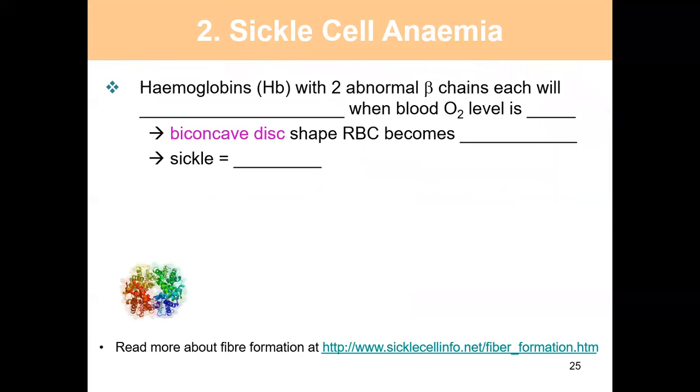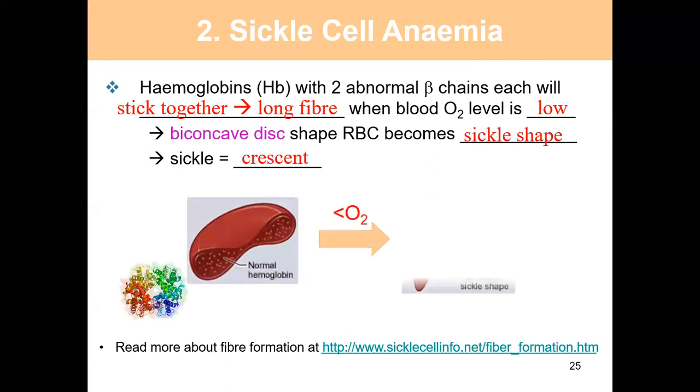So hemoglobin with two abnormal beta chains will stick together to form long fiber when oxygen level is low. So this will happen when the oxygen level in the body is low. The hemoglobin will start to stick together to form a long fiber in the red blood cell, pulling the red blood cell from biconcave disc shape to become sickle shape. So sickle stands for crescent.